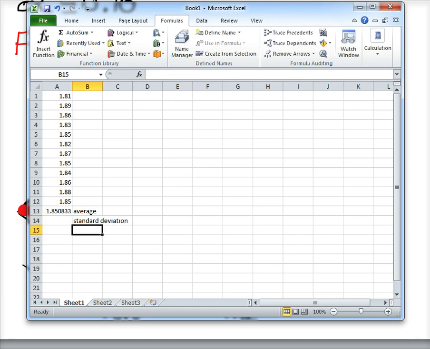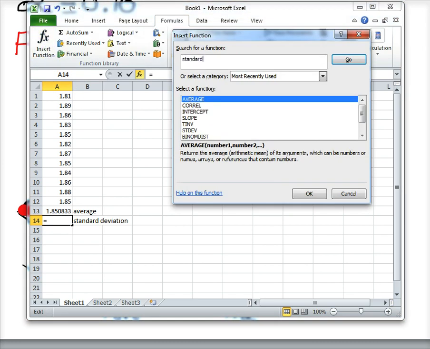We'll do something similar to find the standard deviation. I'll insert a function, this time searching for standard deviation. Now, you may notice a couple of different options that come up depending on the version of Excel that you are using.